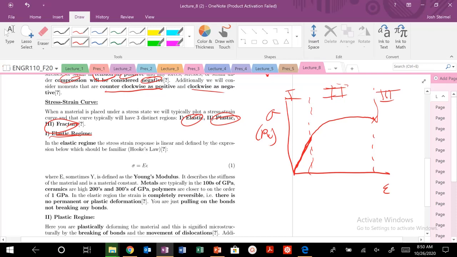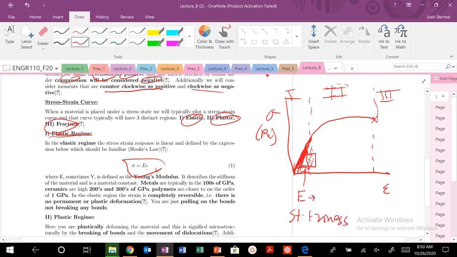In this elastic regime here, you can describe the relationship between stress and strain using Hooke's law. And the slope here will be our Young's modulus. When we think about material properties, this is going to be stiffness. So the stiffness of my material.